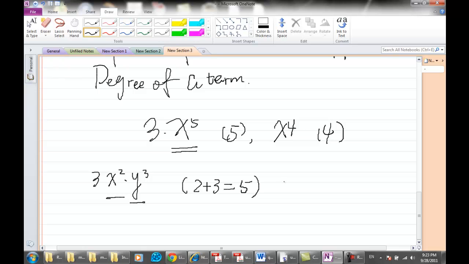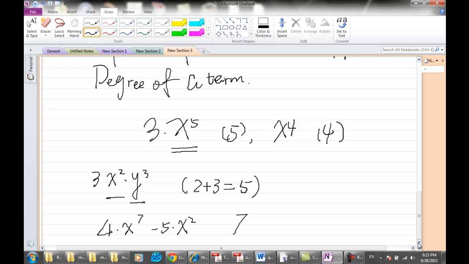And similarly, if we have an example like 4 times x to the 7th power minus 5 times x squared, what's the degree in this case? That is 7.